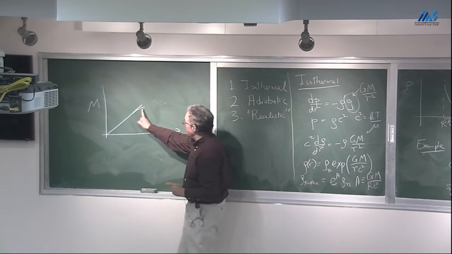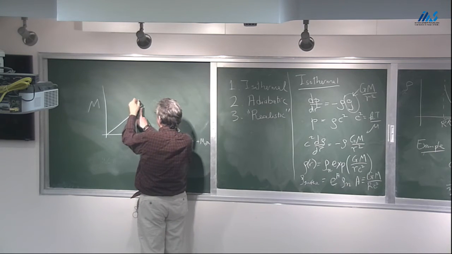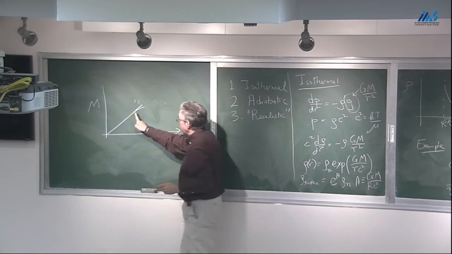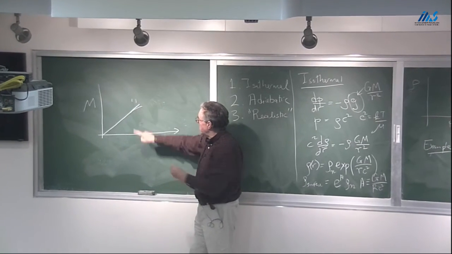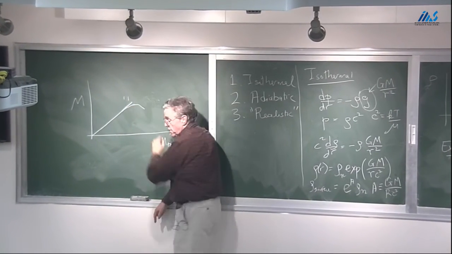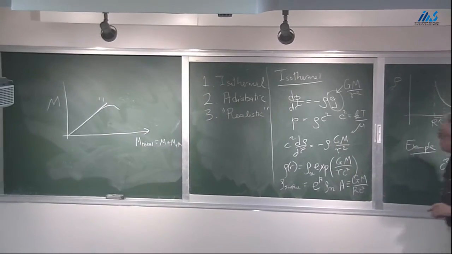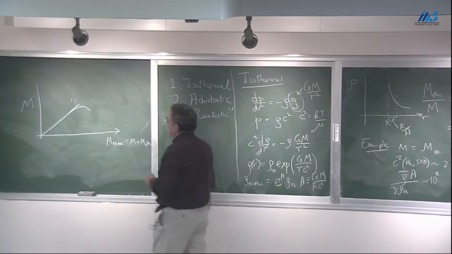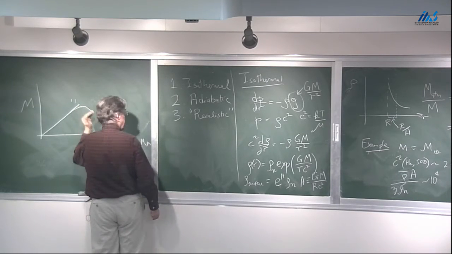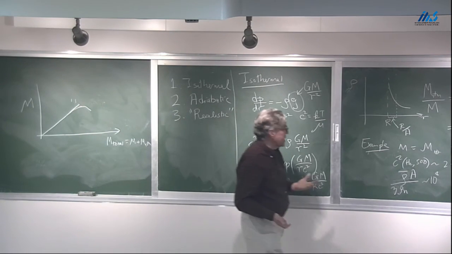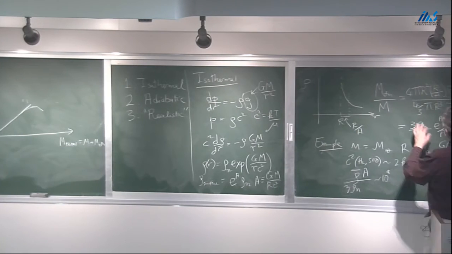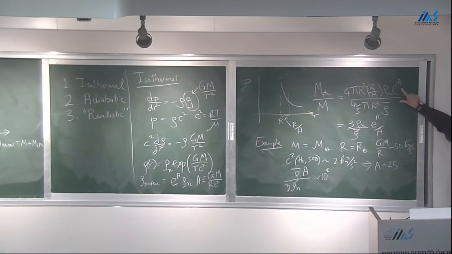The total mass will be larger, so this is a one-to-one line here. But as I add on the atmospheric mass, total mass will start to do this, and actually it'll turn over. So there is in fact, so to speak, a critical mass here, which is defined essentially by requiring that this be about unity.